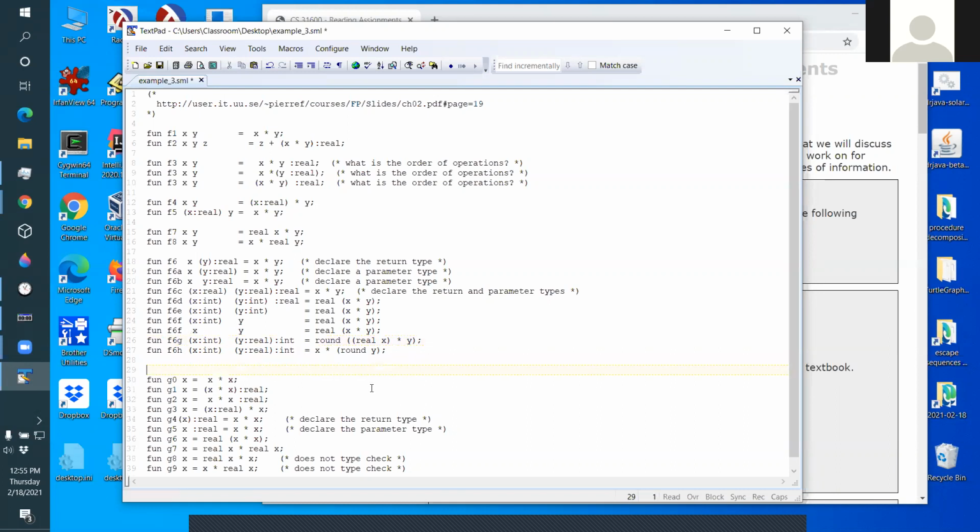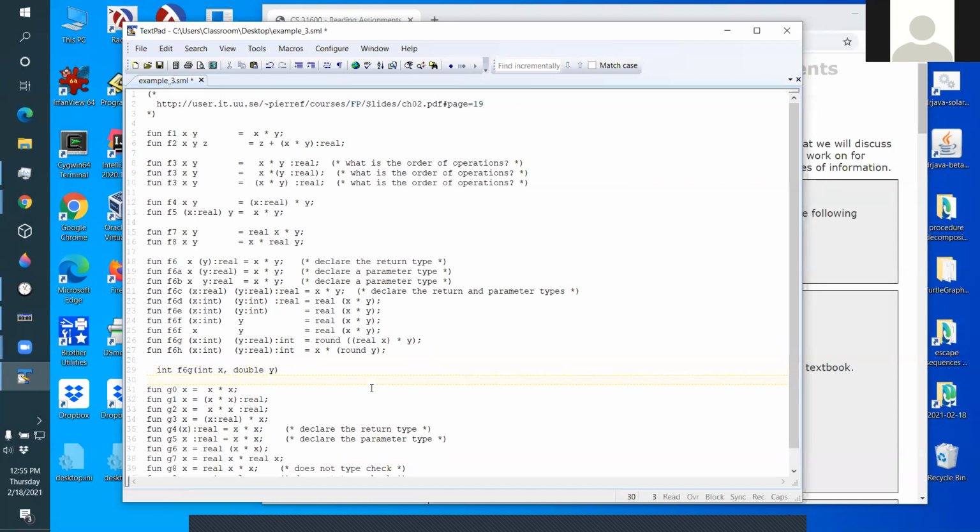In Java world, that would be, let's see, F6G. It returns an int, and it has int x and, in Java world, double y.